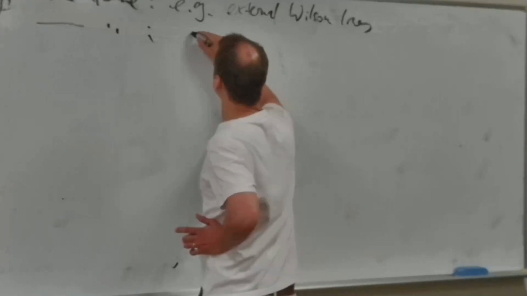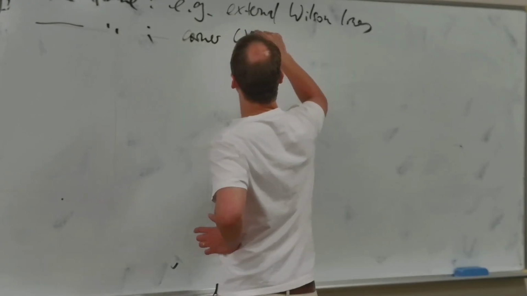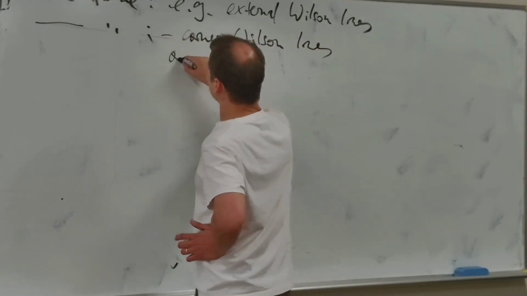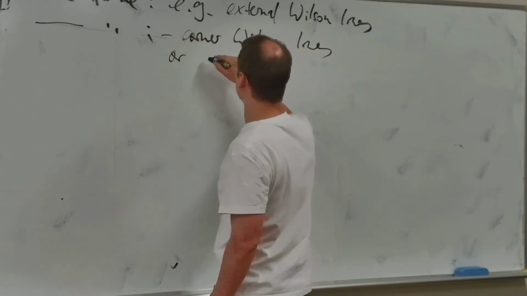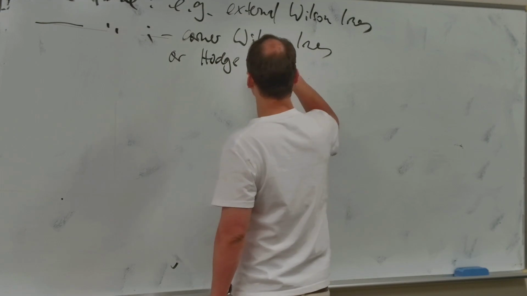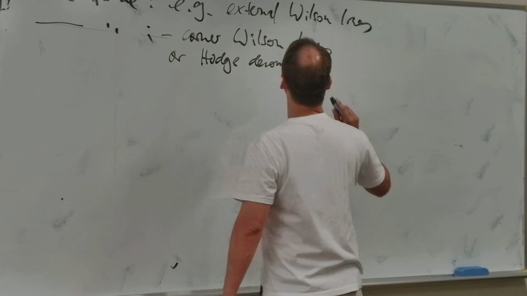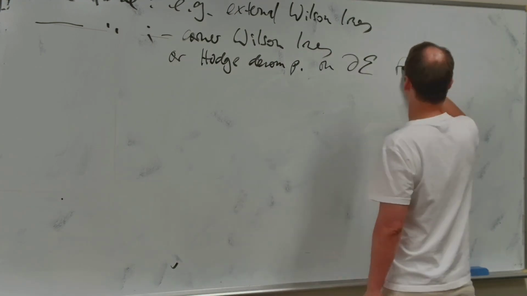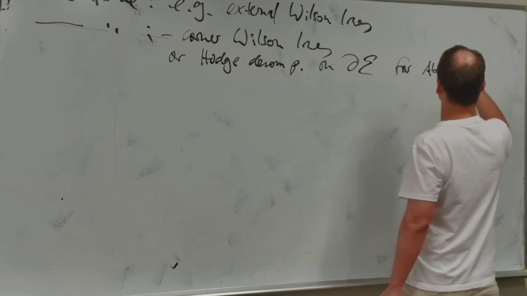It's corner Wilson lines, or Hodge decomposition on the corner, or the Abelian theory.